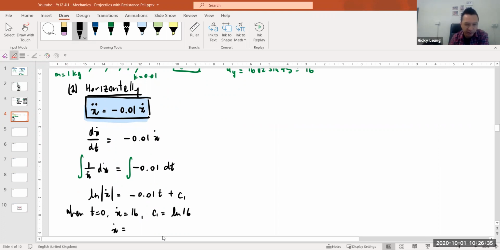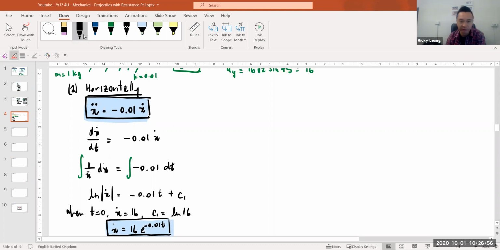So if you sort of picture that's ln 16 minus it over, so it divides. So then I e the 16 up, so you should get 16 e to the negative 0.01 t if and when you make velocity the subject. 2 equations down.